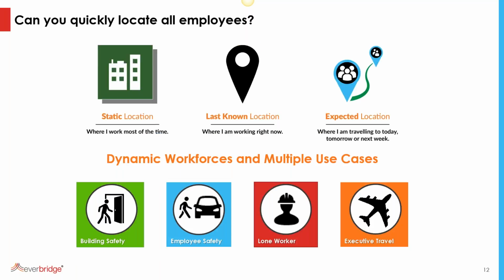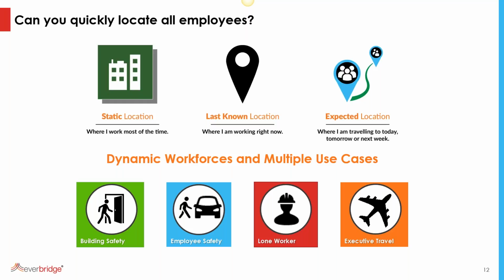So what we have done is we have taken a deeper look at the concept of location. We know that employees have a static location. The static location is usually their usual office location or their home location, but employees also have a last known location. That's their exact current location.